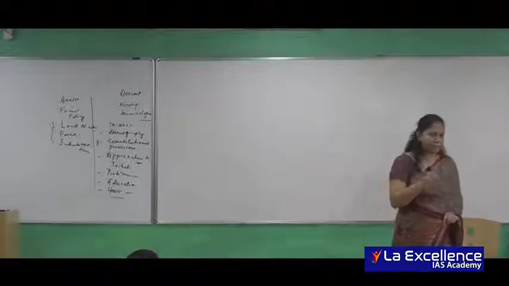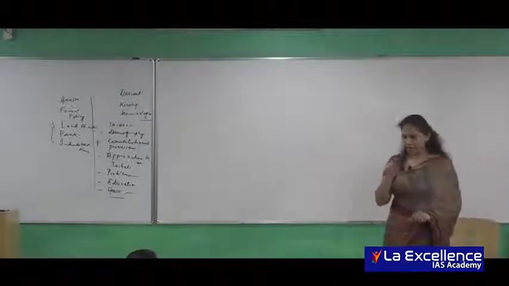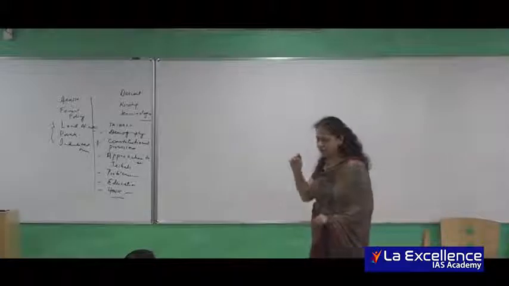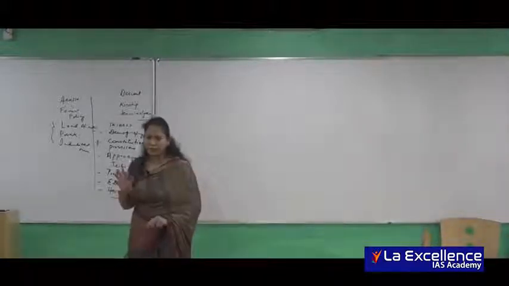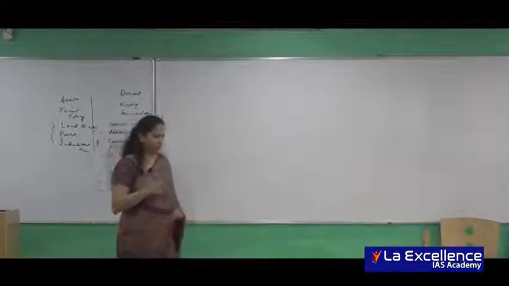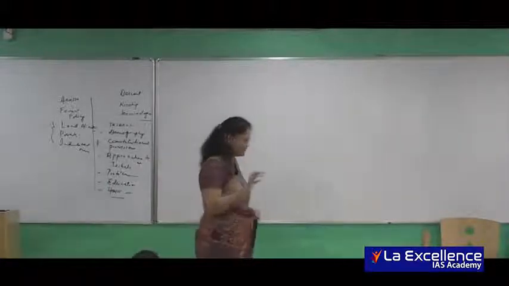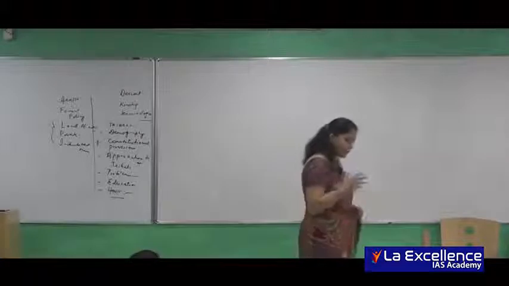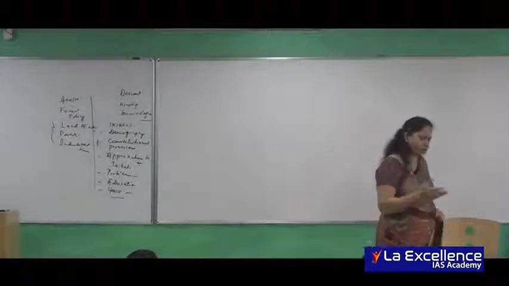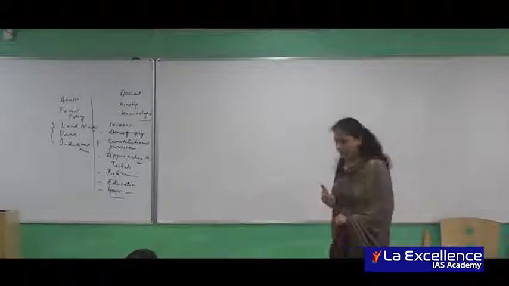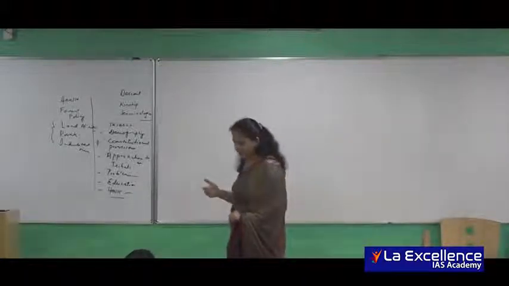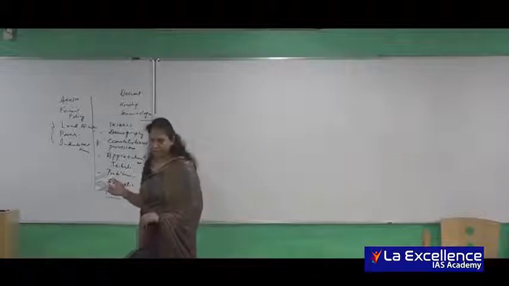So you are trying to categorize classificatory terms and descriptive terms. The categorization for the first time was given by Morgan. Classificatory terms are those where several kinsmen are bunched together, whereas in descriptive terminology, each individual has explanatory and descriptive terms.